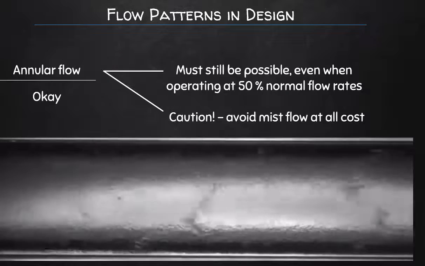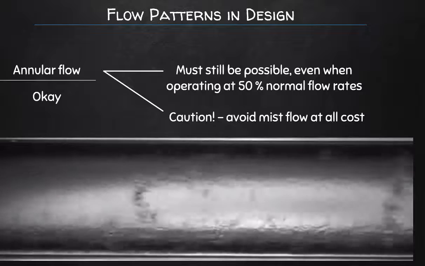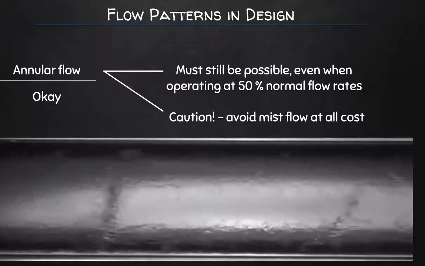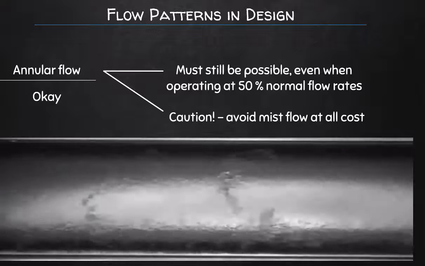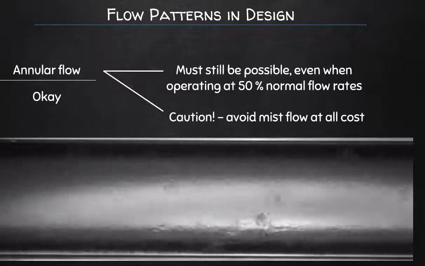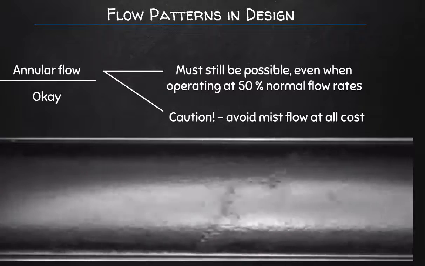So you have a design flow rate like 50 meter cubed per hour, for example. If you were to shoot up to 75 meter cubed per hour, you should still make sure that the pipeline will not cause a transition to occur to mist.